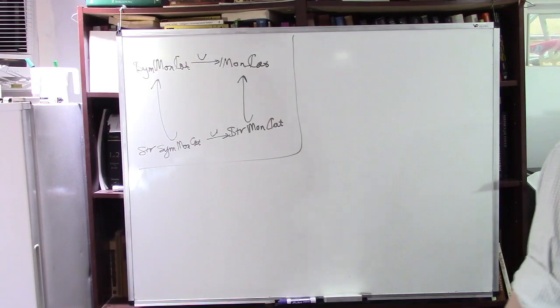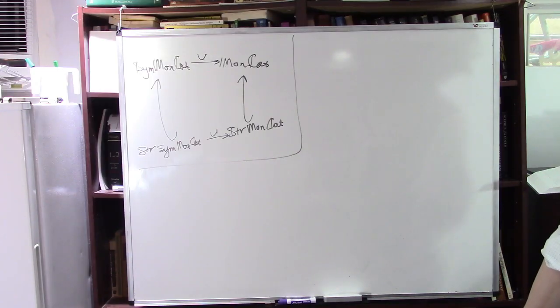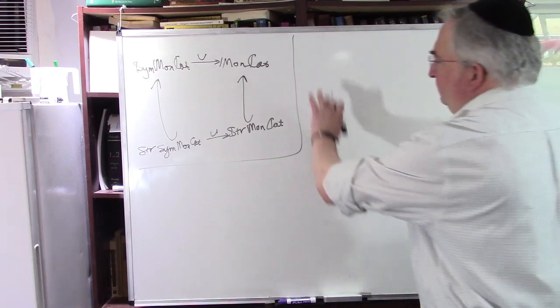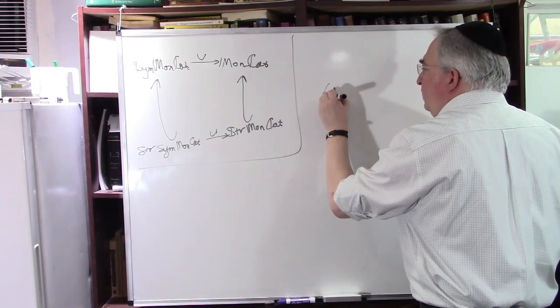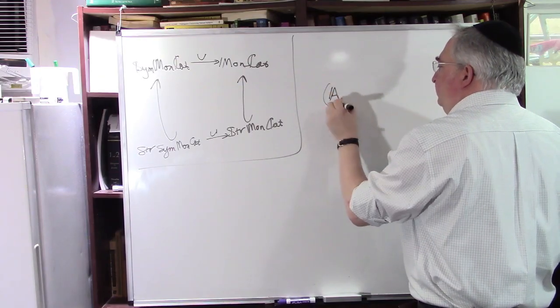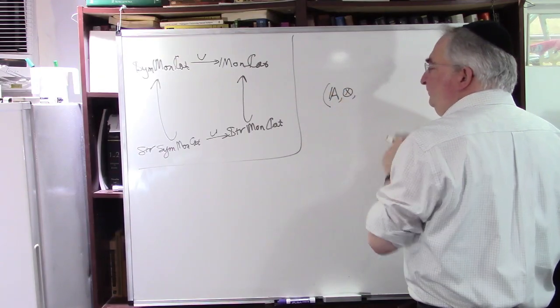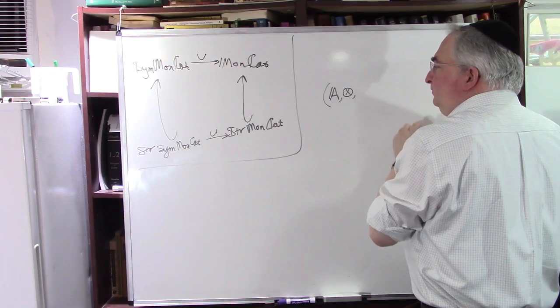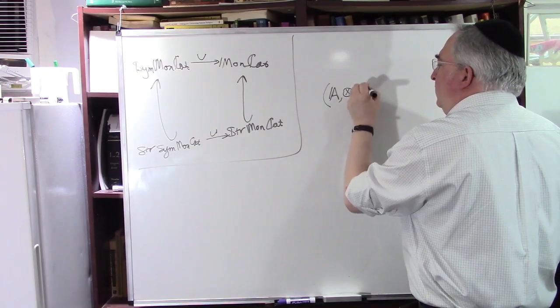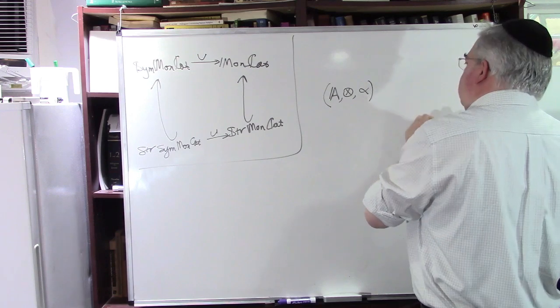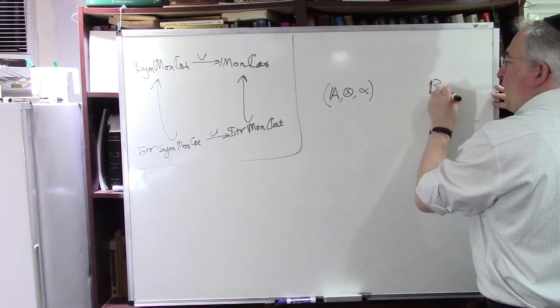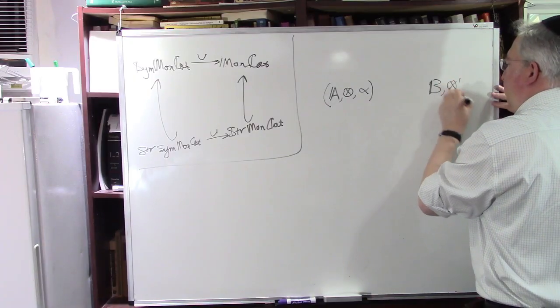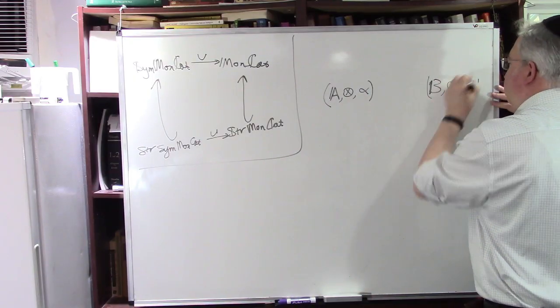So let's do that. I'm going to keep this for a second. Okay, so you have a tensor, alpha. You have B, tensor prime, alpha prime.